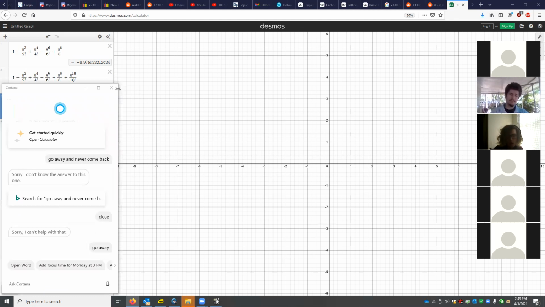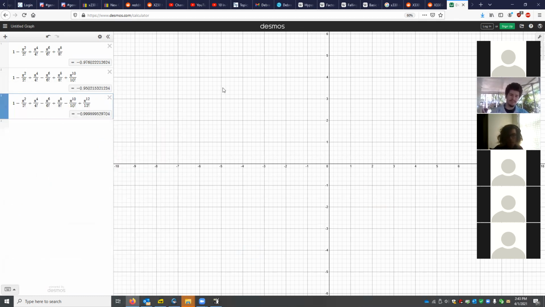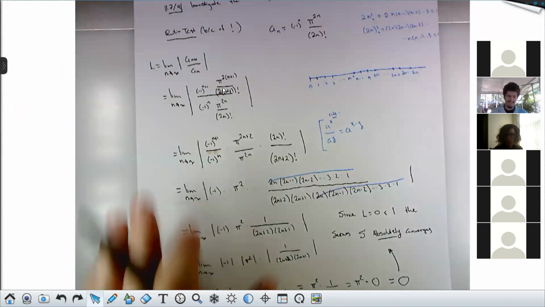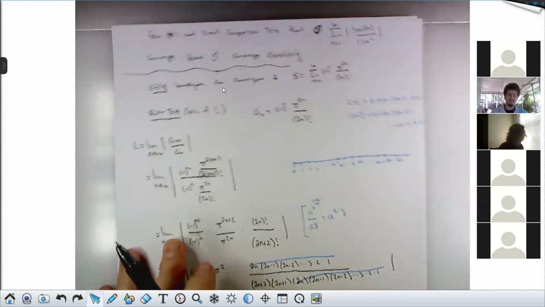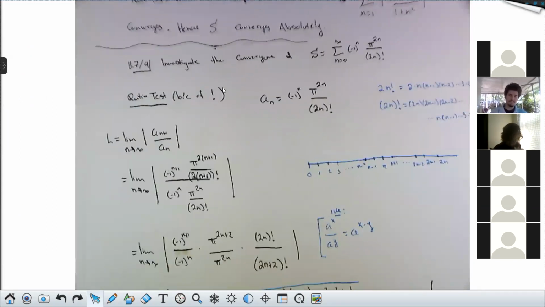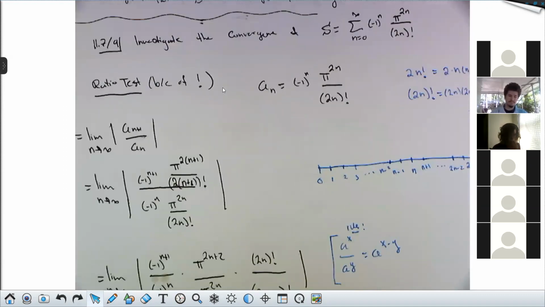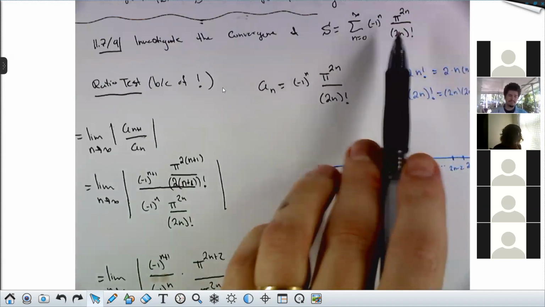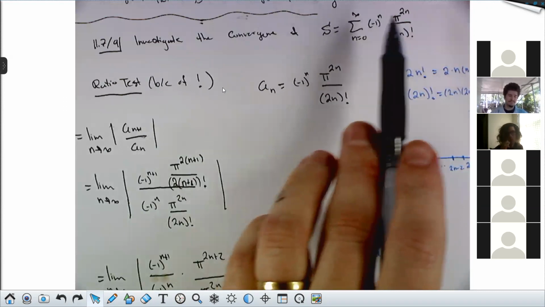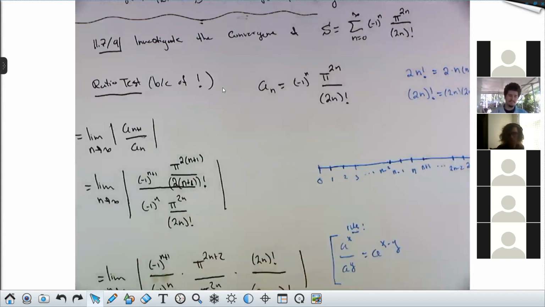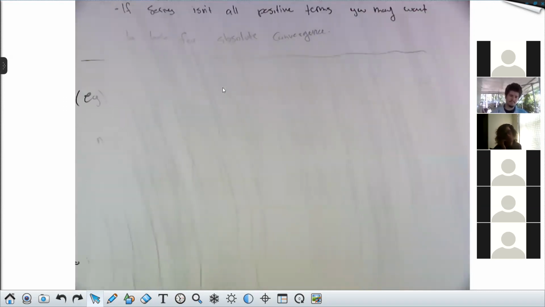I won't reveal the identities. I don't want to know. But -1 is correct. And the reason that this series is converging to the value -1 is because it's the series representation for the cosine of pi. If you swap this pi for an x, you get the series representation for the cosine of x. But we'll talk about that after exam 2.